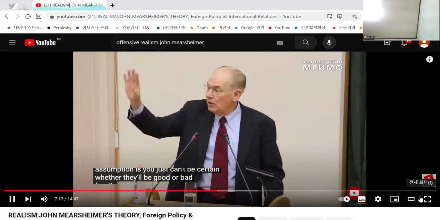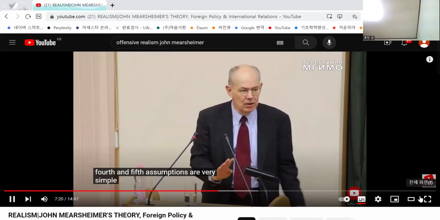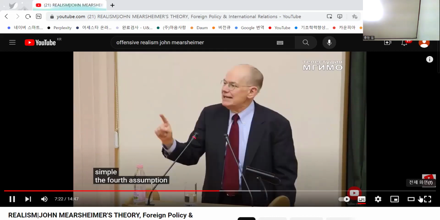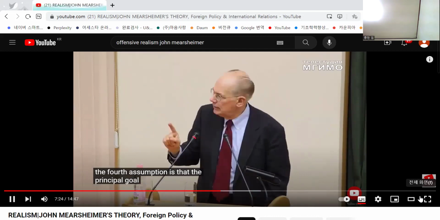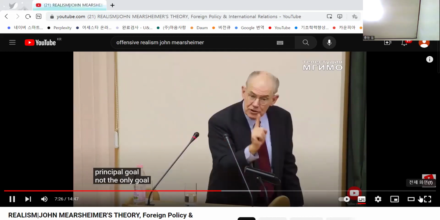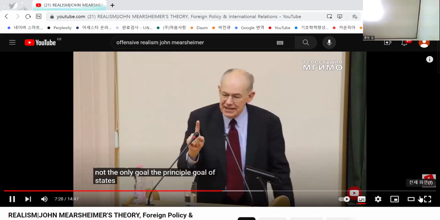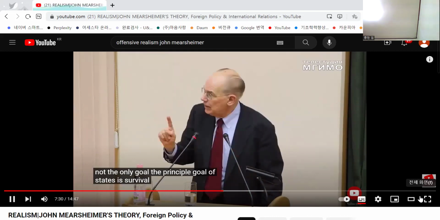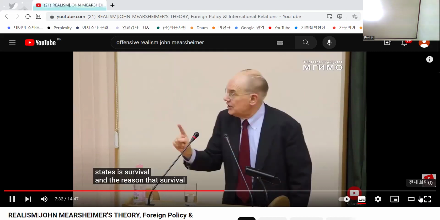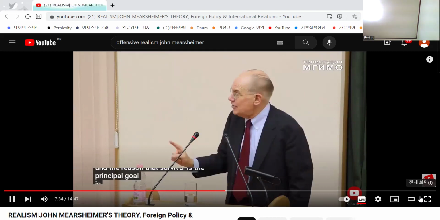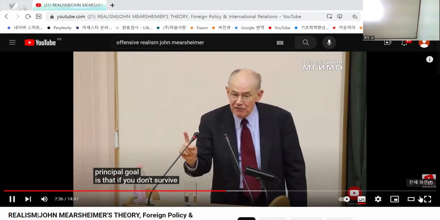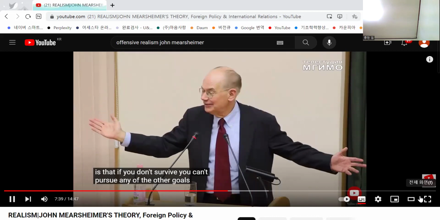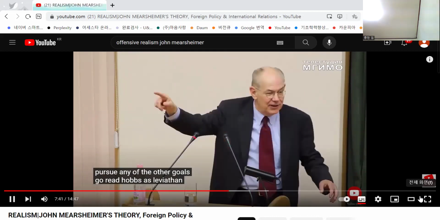Fourth and fifth assumptions are very simple. The fourth assumption is that the principal goal, not the only goal, the principal goal of states is survival. And the reason that survival is the principal goal is that if you don't survive, you can't pursue any of the other goals. Go read Hobbes's Leviathan, right?